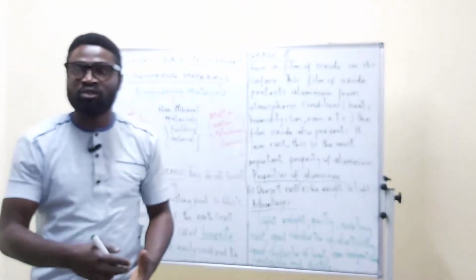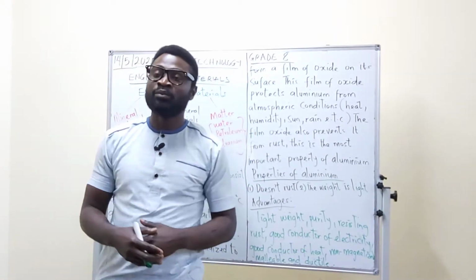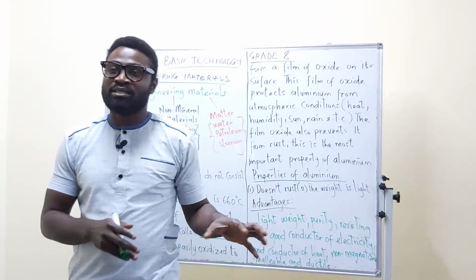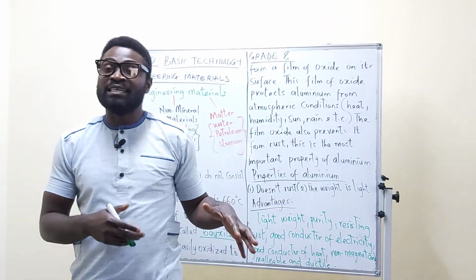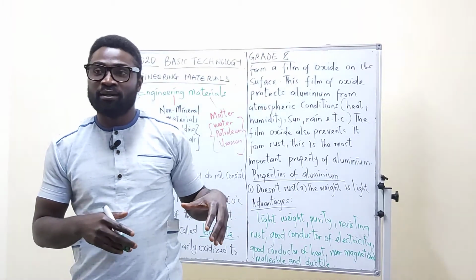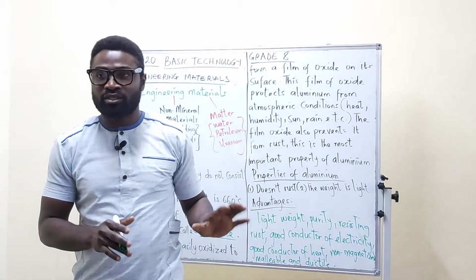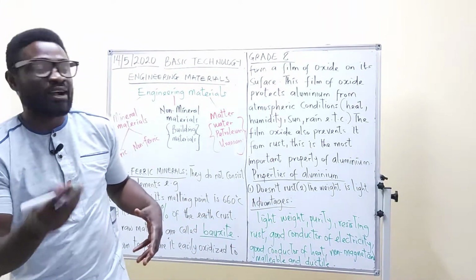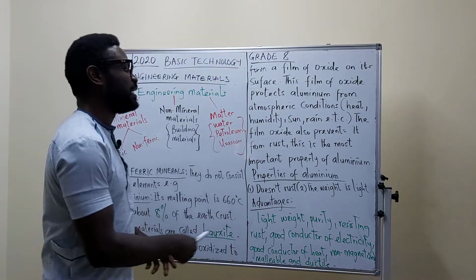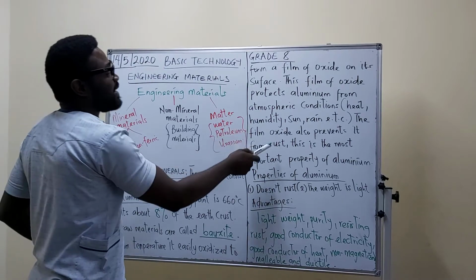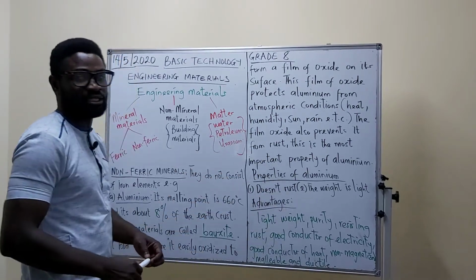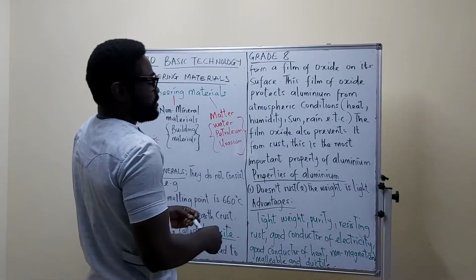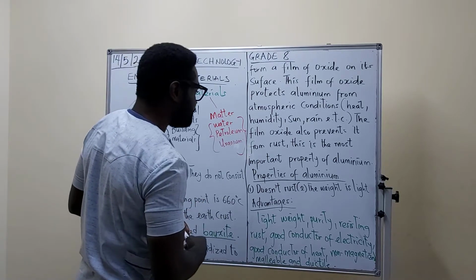I've explained to you before that corrosion is a process where metals, or anything that contains a little iron, rust. So it protects it against that very process of corrosion. So it's something very good for aluminium.